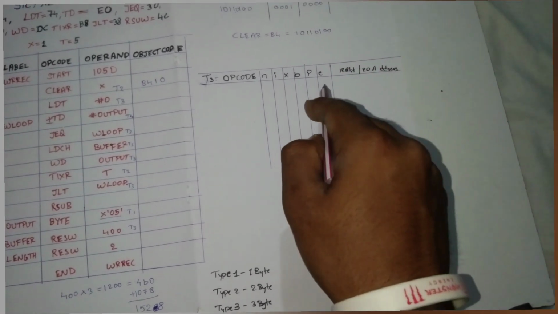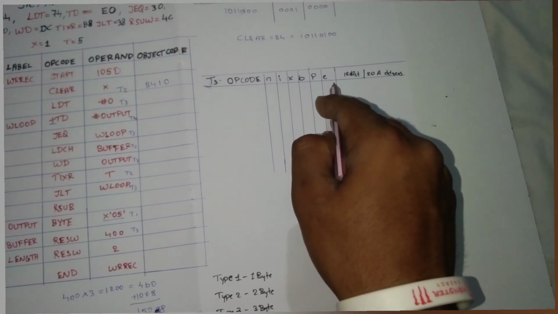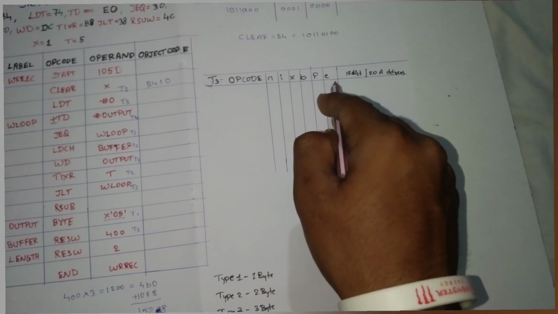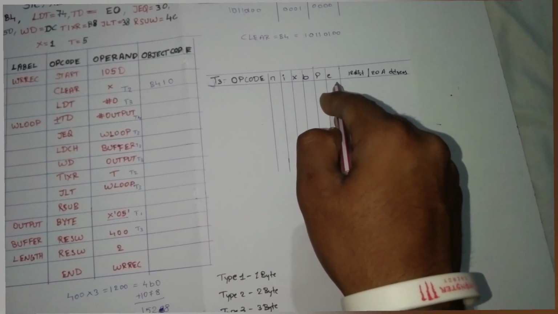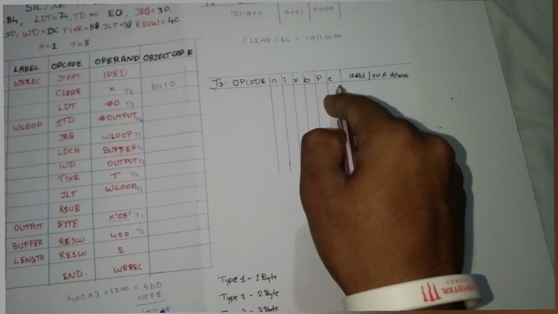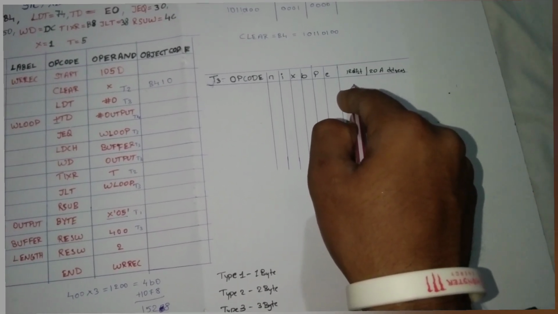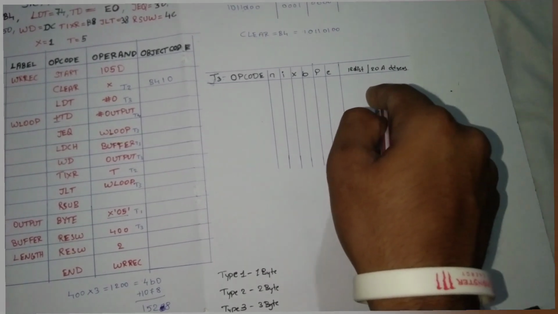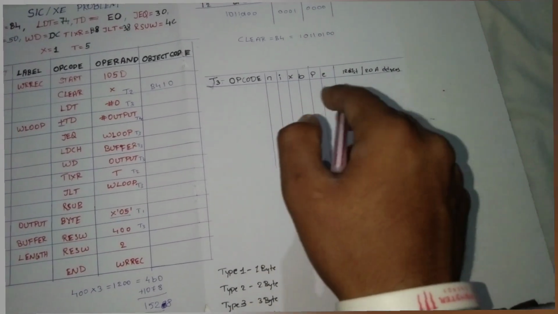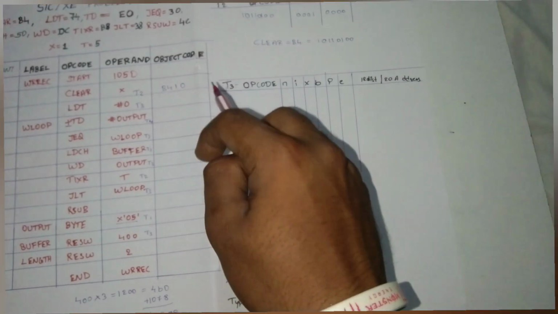E is 1 when it is type 4 and 0 when it is type 3. For type 3 we take a 12-bit displacement, and for type 4 we take the 20-bit address of the given instruction.